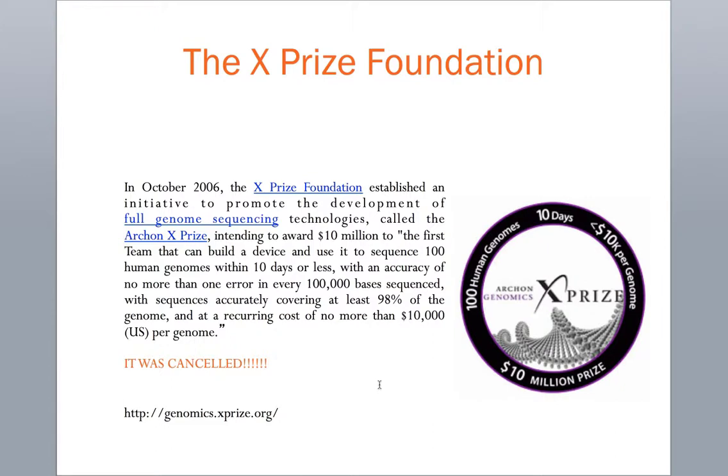Believe it or not, that was cancelled because the technologies developed so fast that a lot of people were able to do this, and there was no real challenge to this goal.